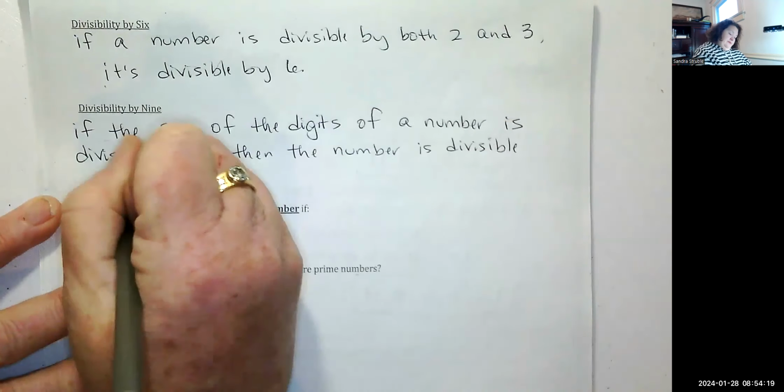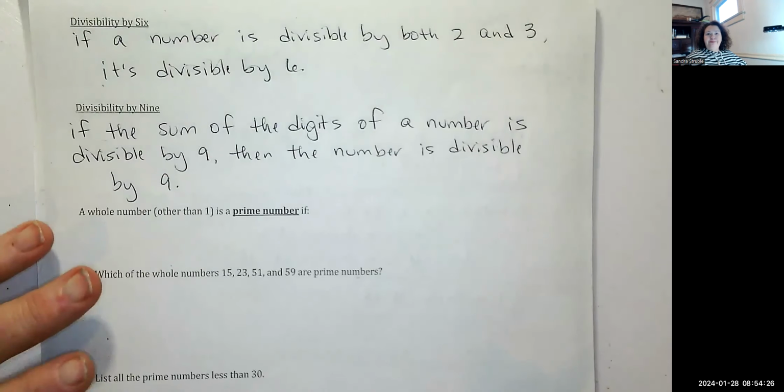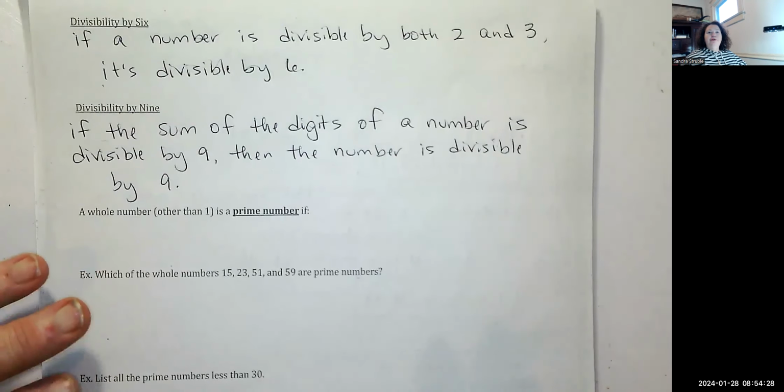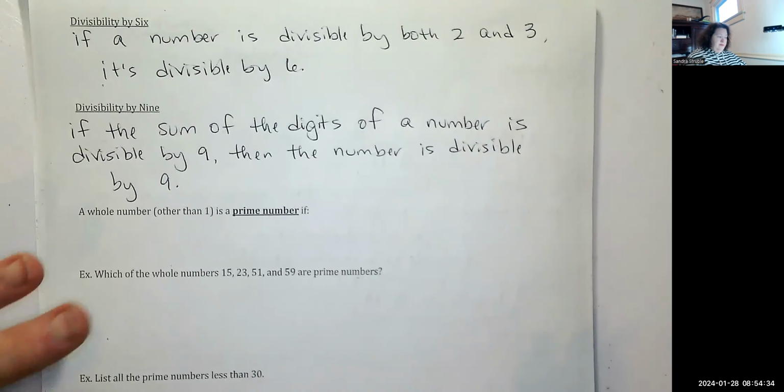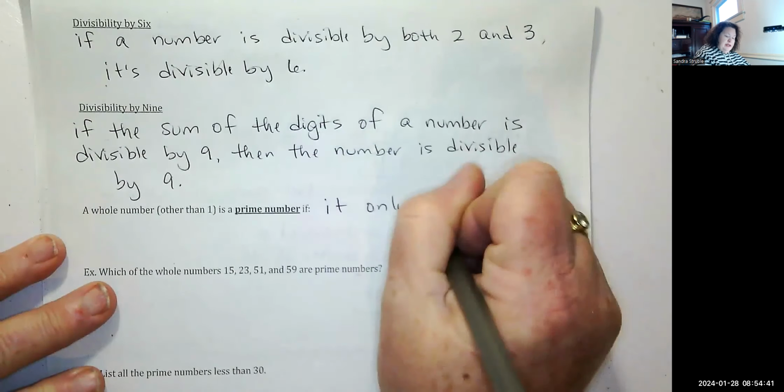All right. A whole number other than 1 is a prime number if it only has 2 factors, 1 and itself.